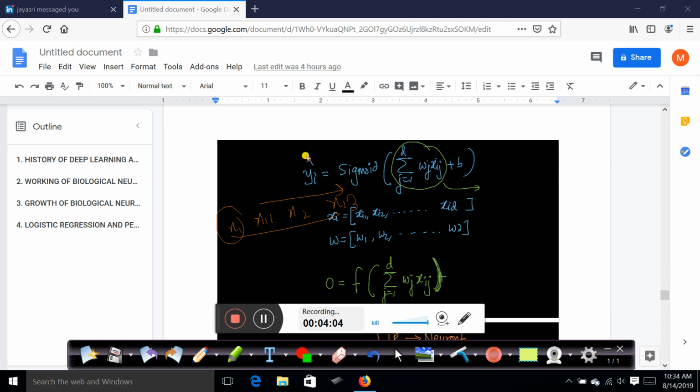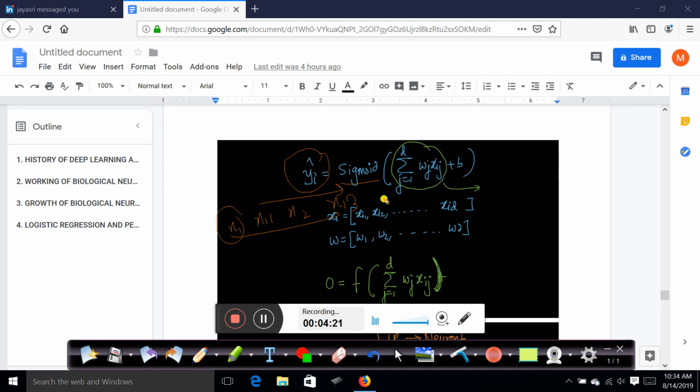So how do we represent it using logistic regression? Our yi hat, the predicted value of yi, will be equal to the sigmoid function of w transpose x plus b.